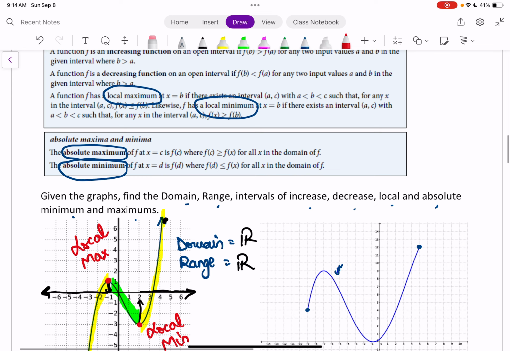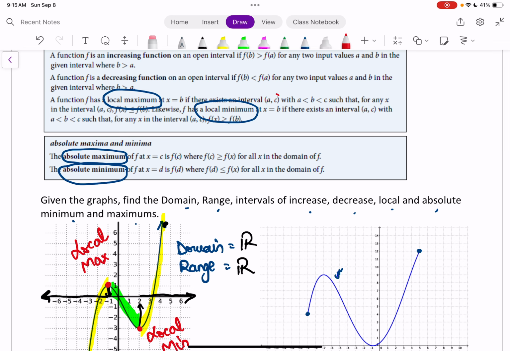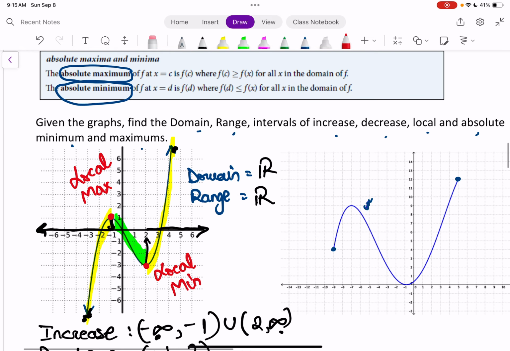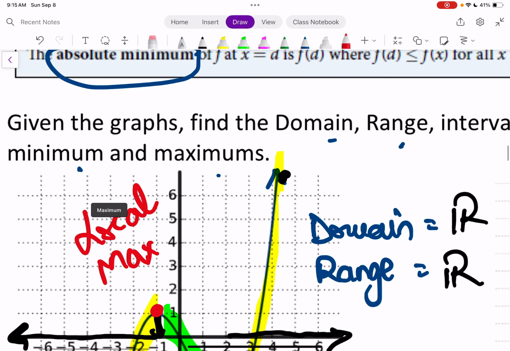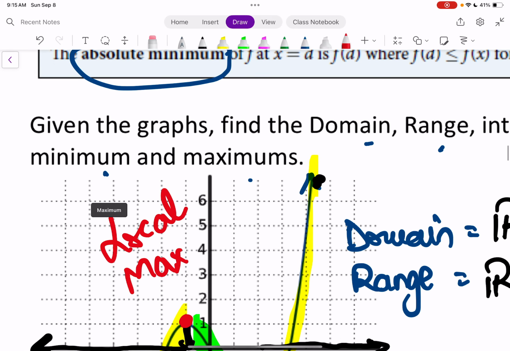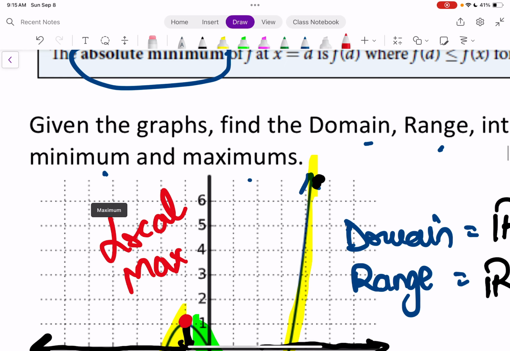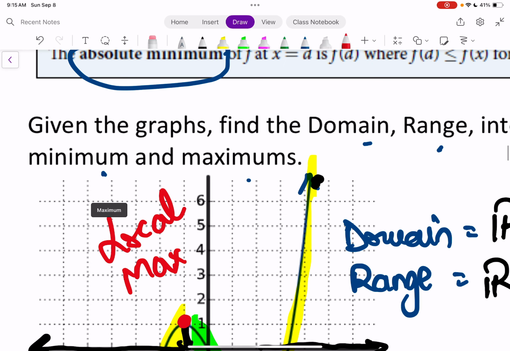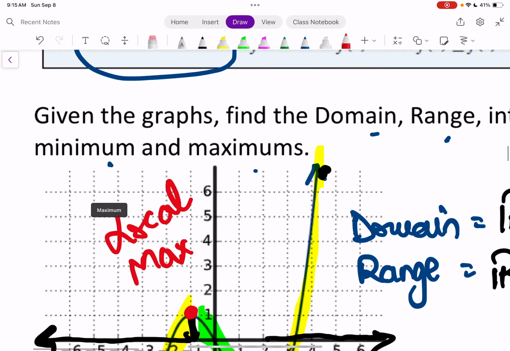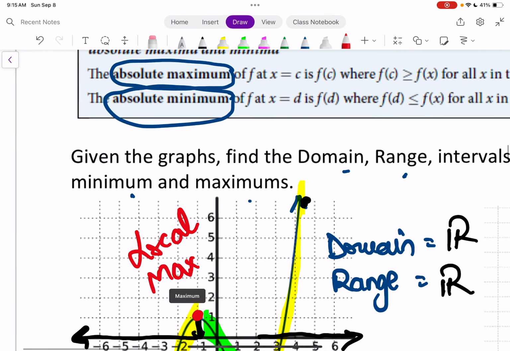When we head up here to the definition, it says we have a maximum if there is an interval with this number in between. In other words, if in its neighborhood locally, there's an interval left and right of it, all the values left and right of it are lower than this point. So that's what a local maximum means.